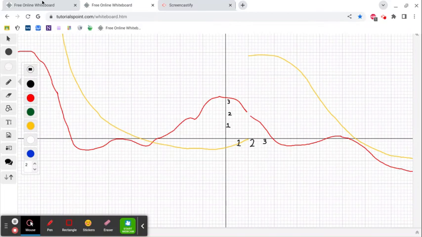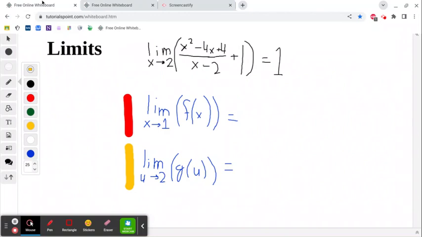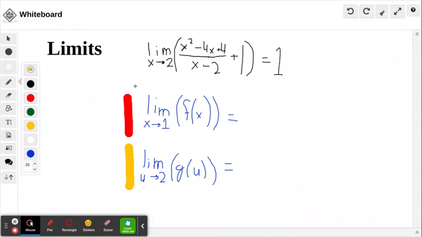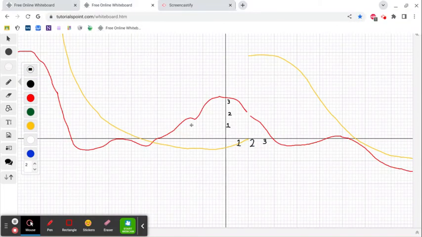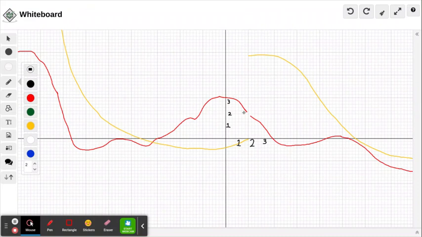All right, I hope you paused and had some time to figure out the problem for yourself. Let's take a look back at the questions being asked. So the red line, as it approaches 1, what is the value there? Well, it doesn't look like there's a hole or anything.